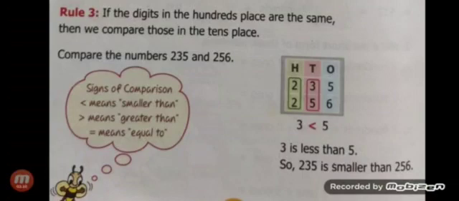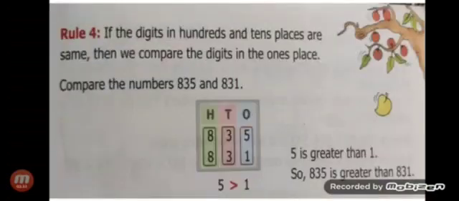Now let's move on to the fourth rule. If the digits in the hundreds and tens places are the same, then we compare the digits in the ones place. Example, we have 835 and 831. In the hundreds place, we have 8 in both the numbers. In the tens place also, we have the same digit 3.